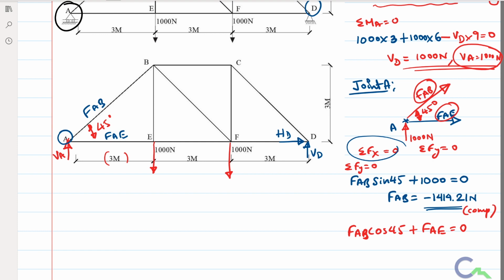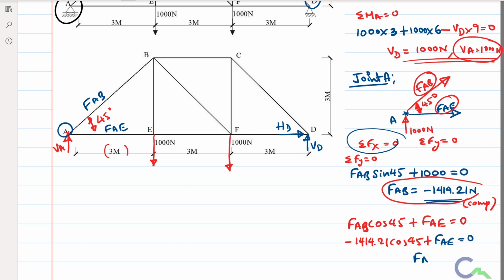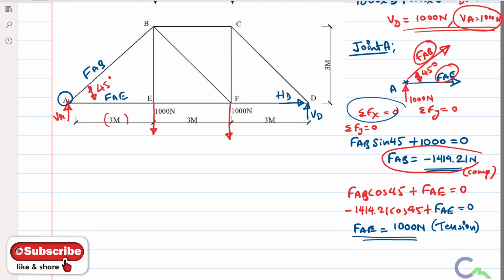I already know the value of FAB, we just now calculated in the previous step. So I can apply that one, therefore minus 1414.21 cos 45 plus FAE is equal to 0. Therefore FAE is equal to 1000 Newton. We will get positive answer, therefore assumption is correct, that is in tension. So joint A is completed.